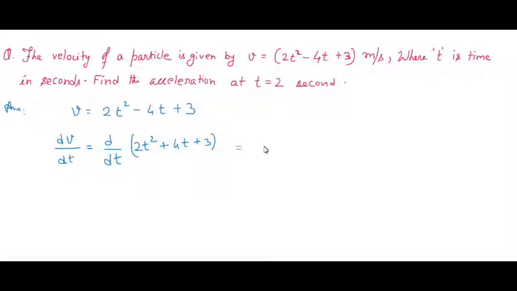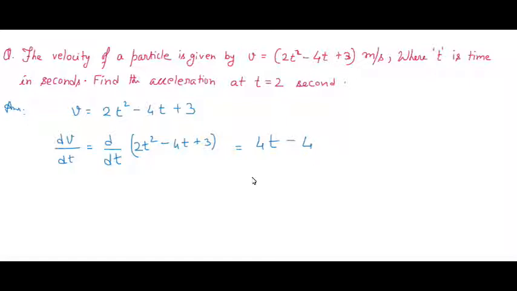And what is the answer here? The derivative of this will be 4t minus 4. One mistake here: this should be minus.